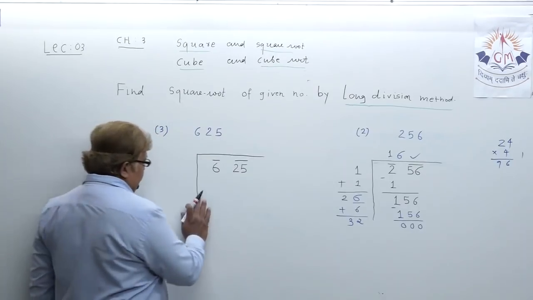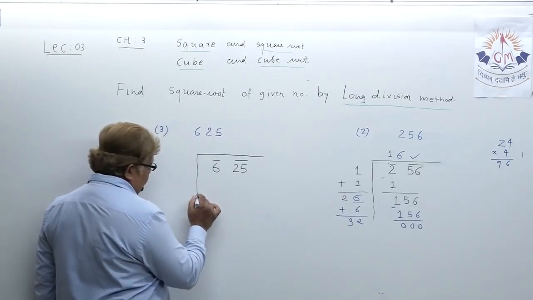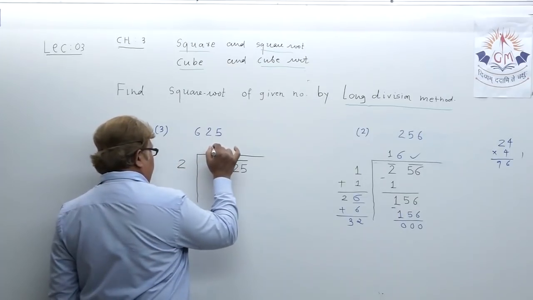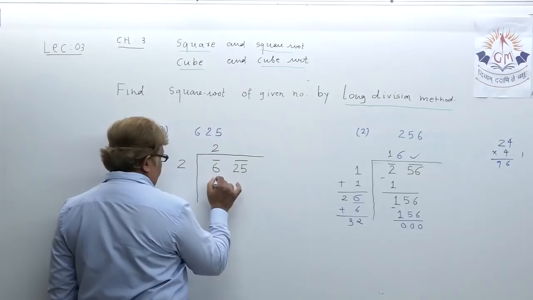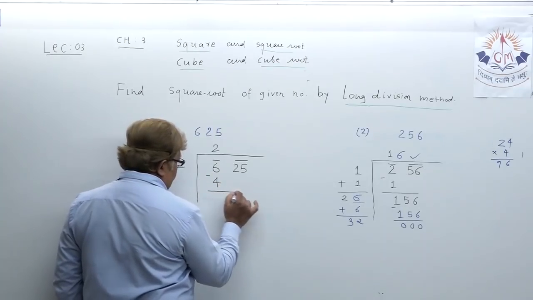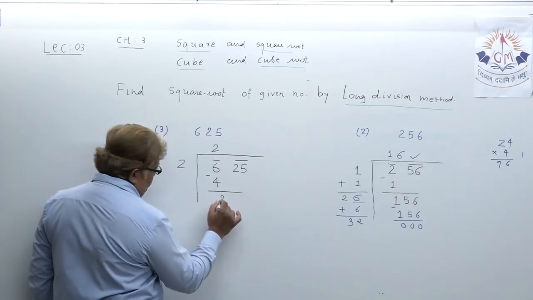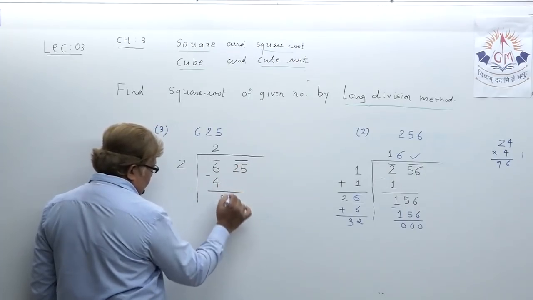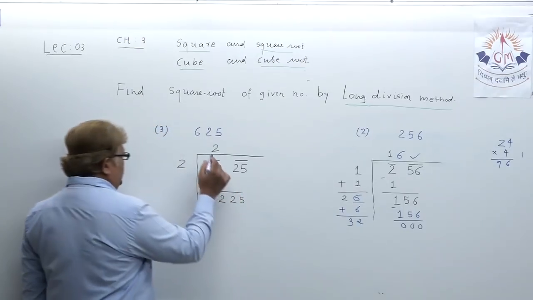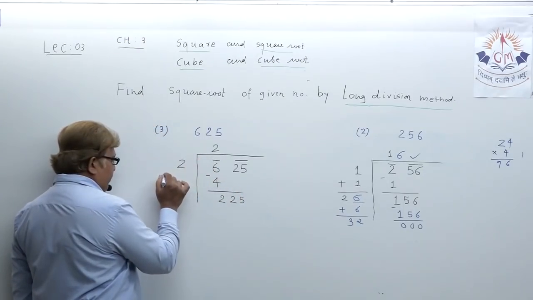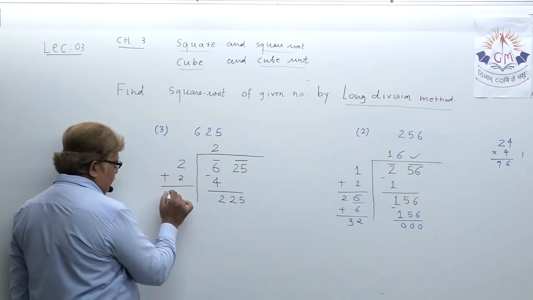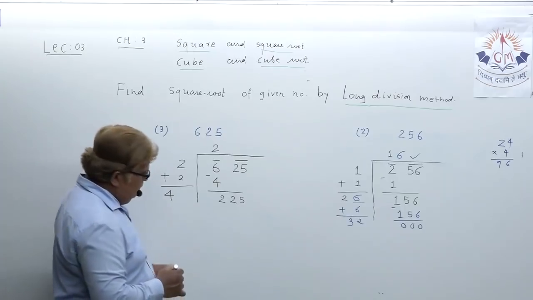Okay. Let me write here. 2 2 ja 4. Let me subtract, 2, and this part to be brought here, 225, as per the process, to add, which I have intentionally written here.